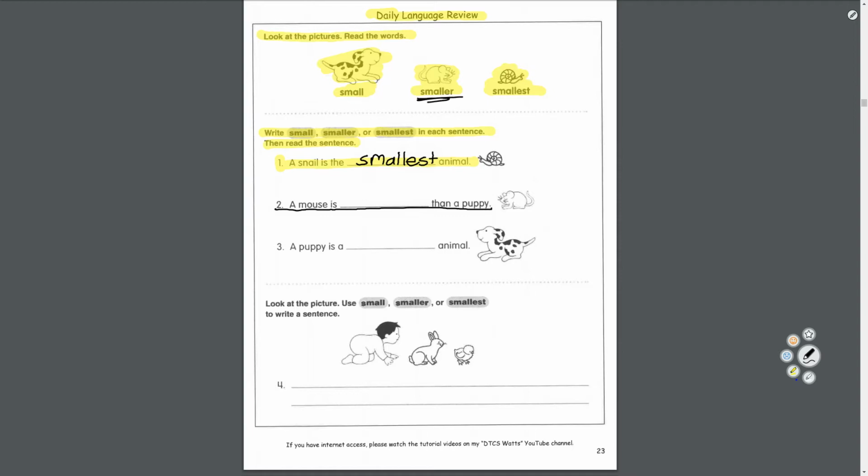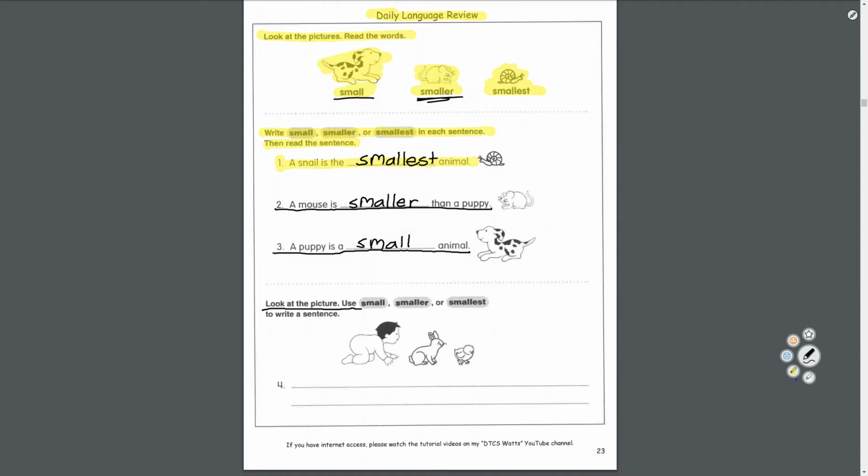A mouse is smaller than a puppy. And number 3, a puppy is a blank animal. A small animal. When I got my puppy, she could fit in my hand. In one hand, I could hold her. And now she's huge, 80 pounds. Can barely pick her up anymore.